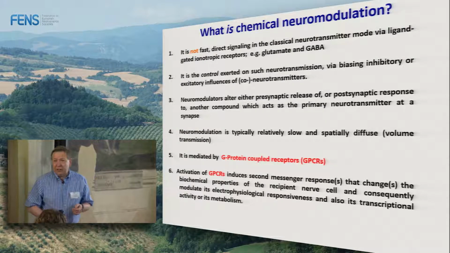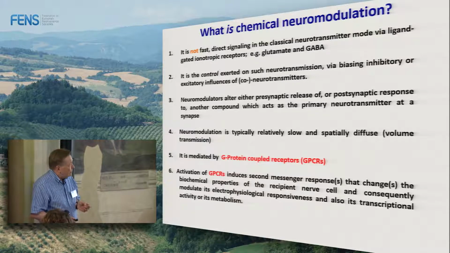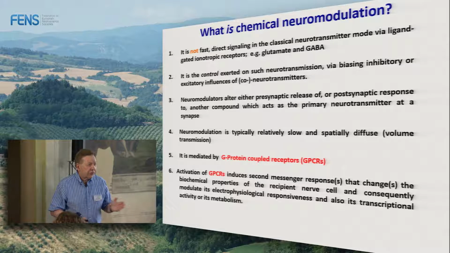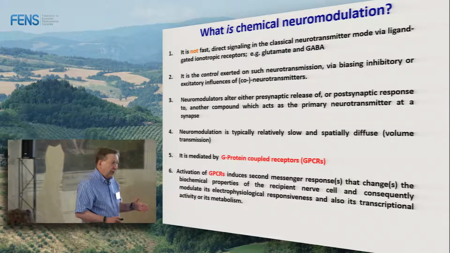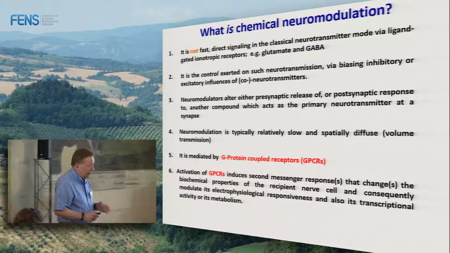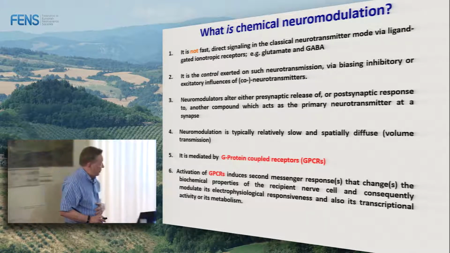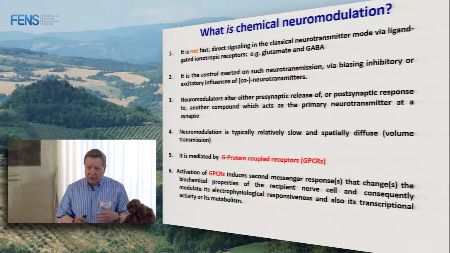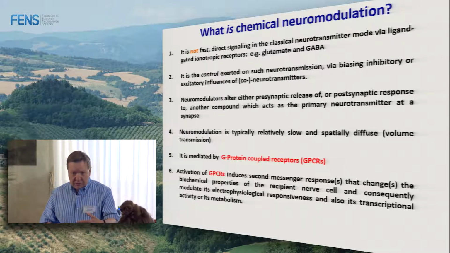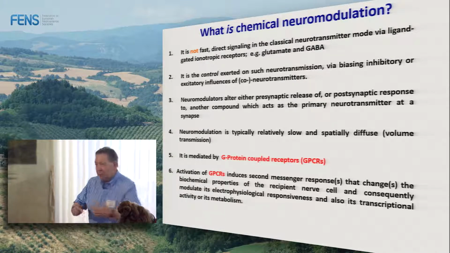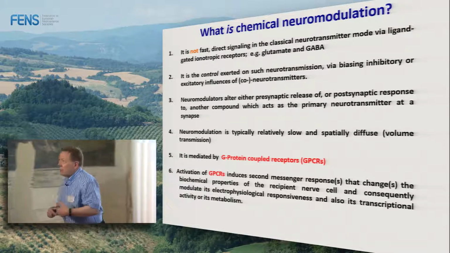Mediated by GPCRs, G-protein coupled receptors. This is very important. Almost, I think, entirely neuromodulation is mediated in that way. And these GPCRs actually have a variety of functions. They change the biochemical properties of the recipient nerve cell so that it changes its hyperpolarization, for example, or its propensity for action potential.